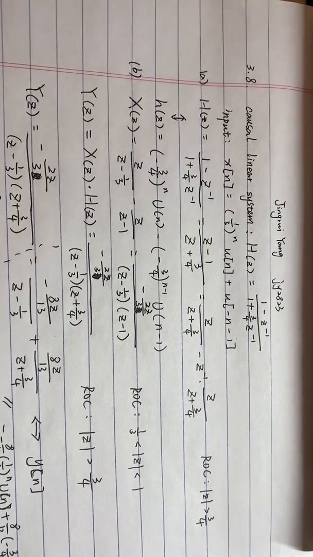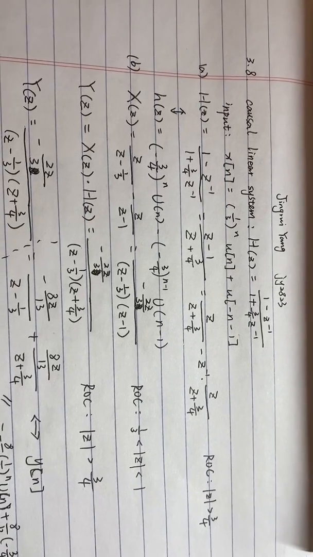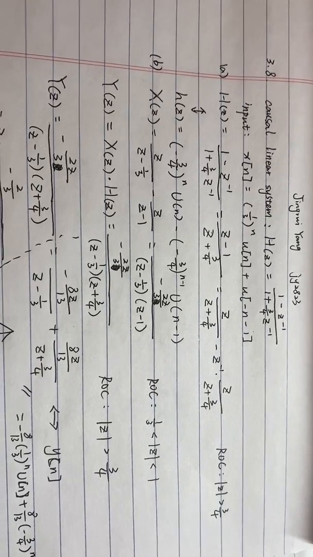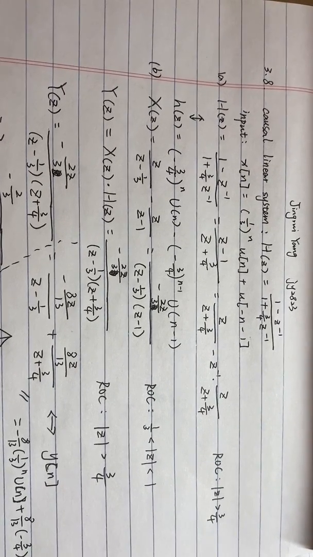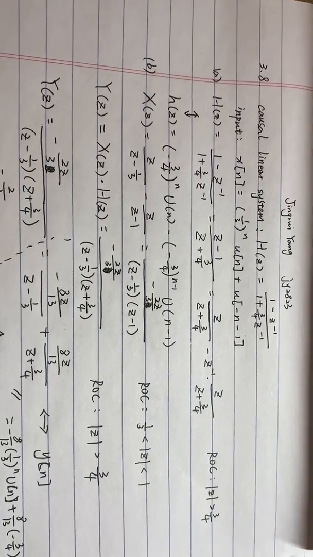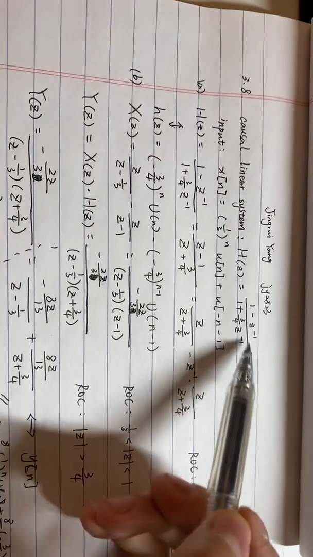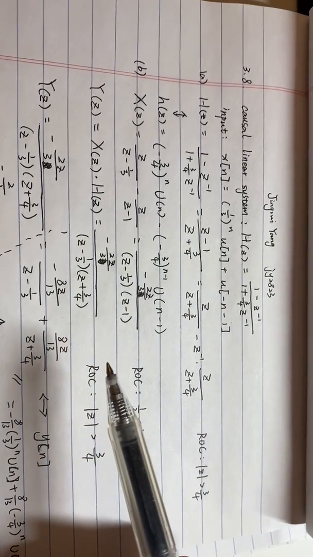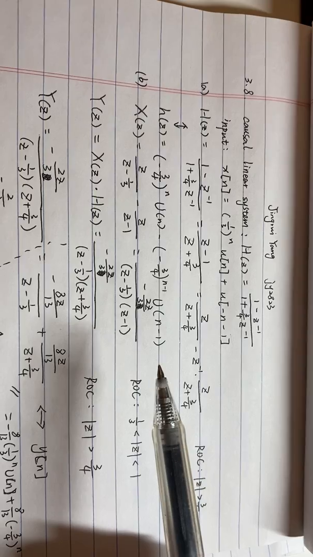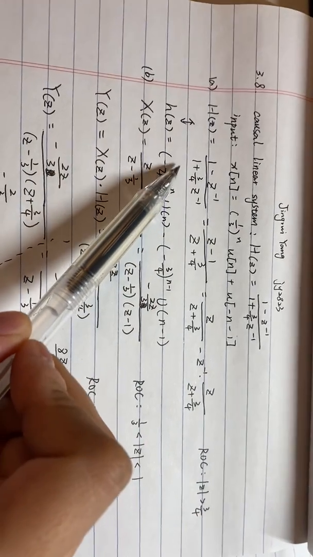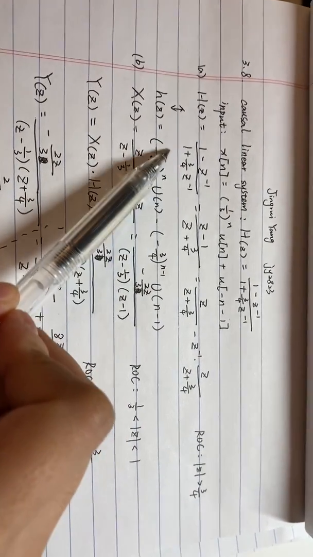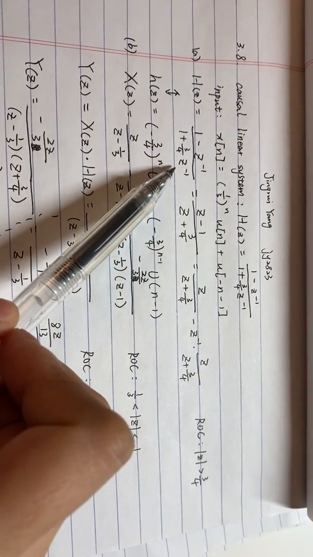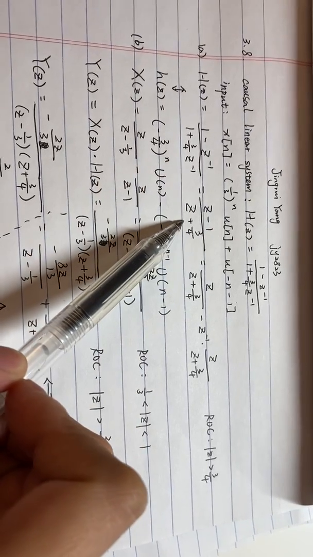The first question asks us to find the impulse response of the system h[n]. We know the z transform of small h of n. It's here. So according to the inverse transform, we can see this formula, and of course we should multiply one more z to this formula, and we get this one.